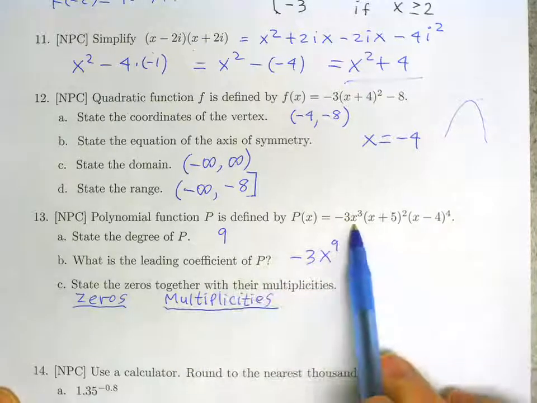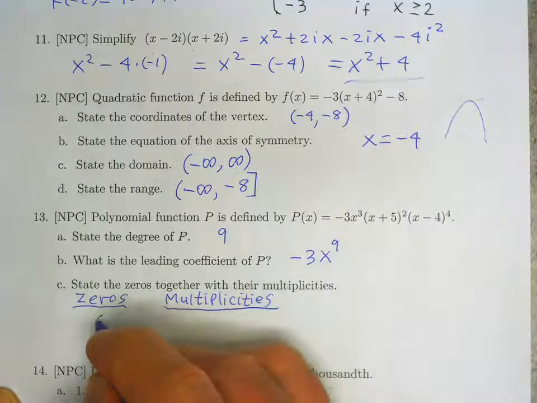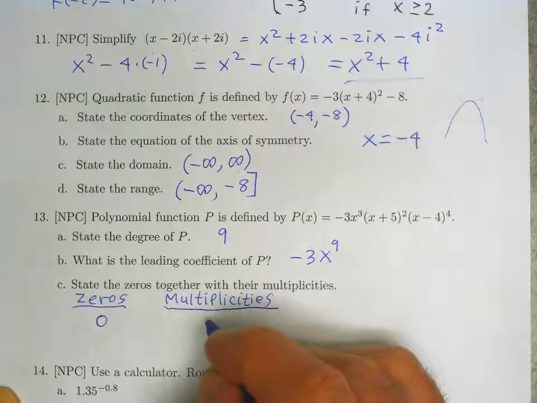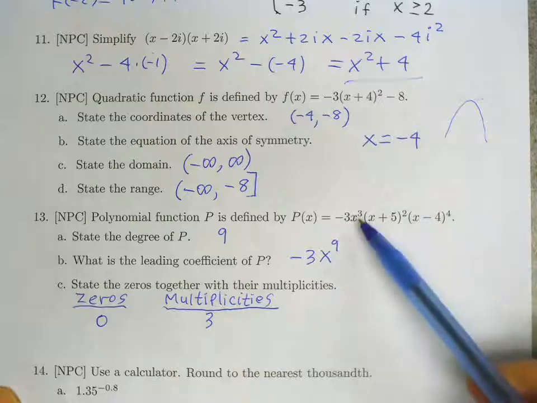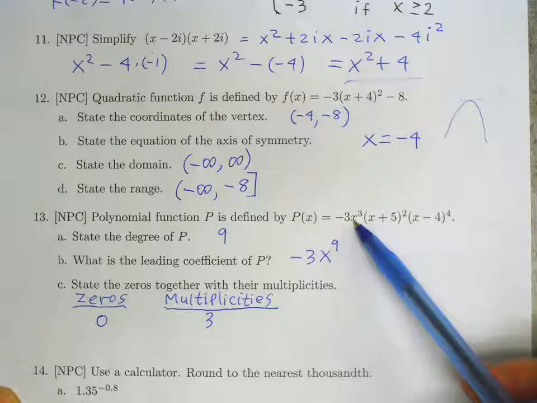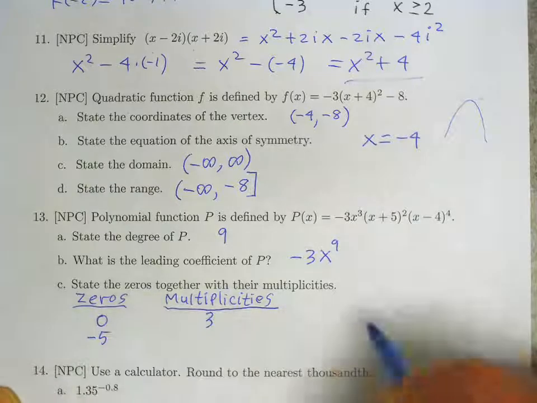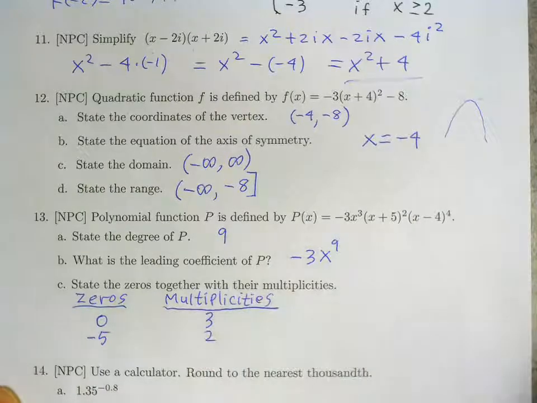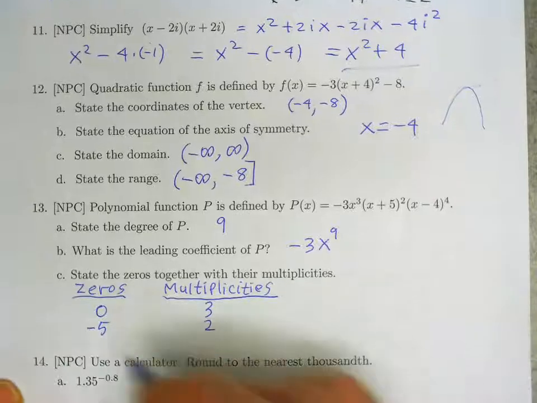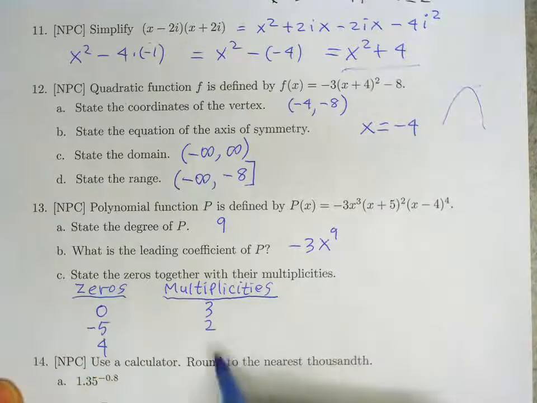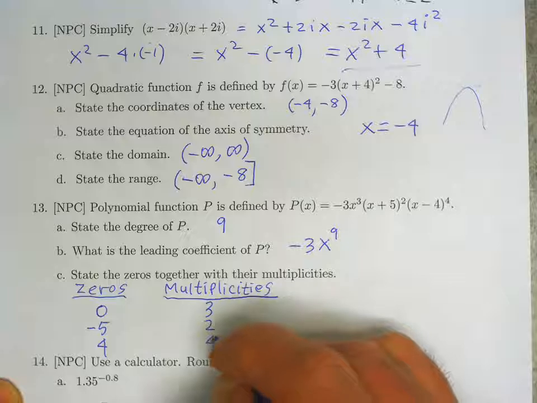So 0 is a zero of multiplicity 3 because of the x to the third. -5 is a zero of multiplicity 2. And +4 is a zero of multiplicity 4.